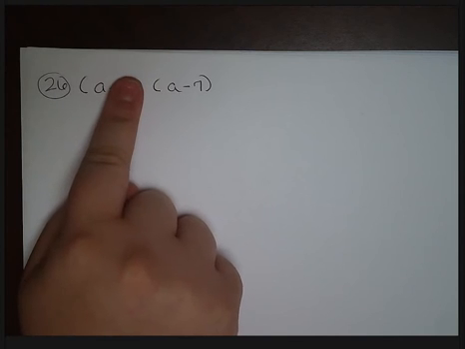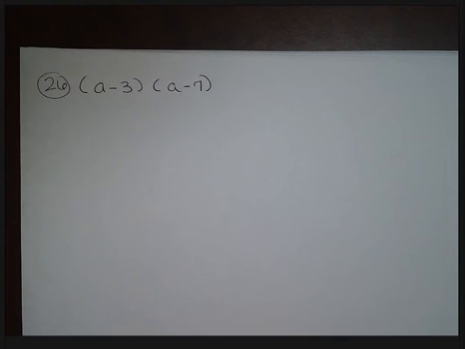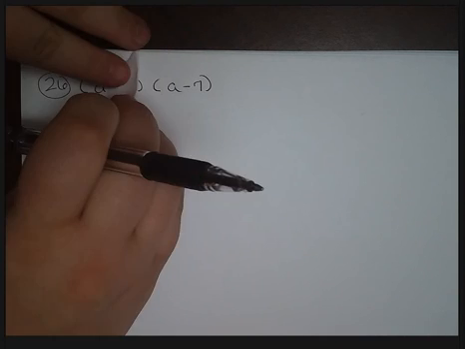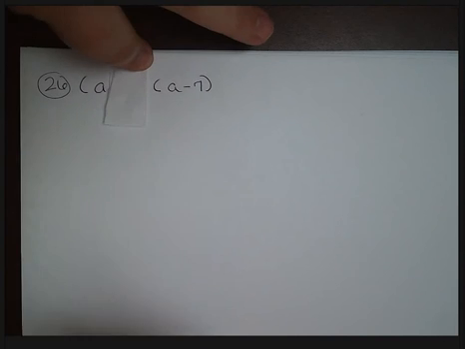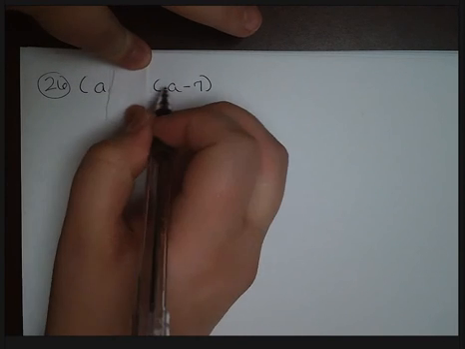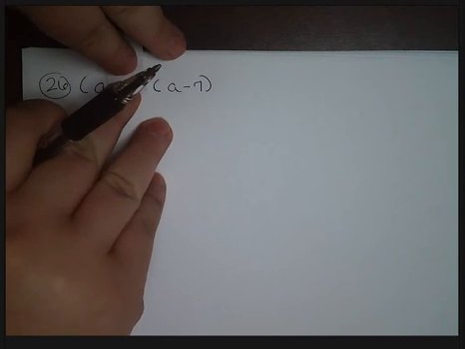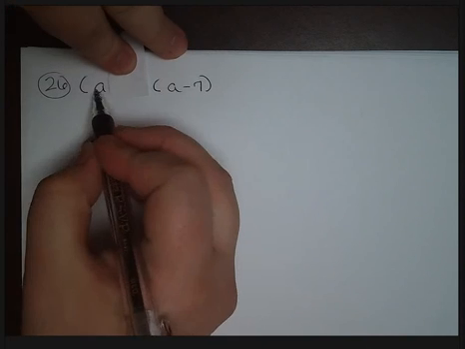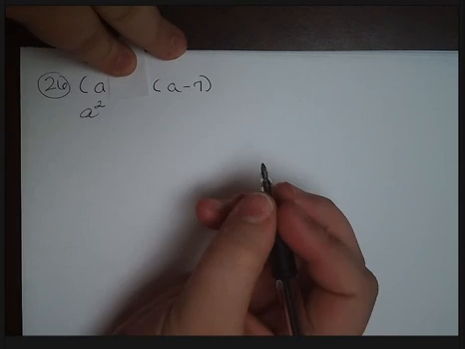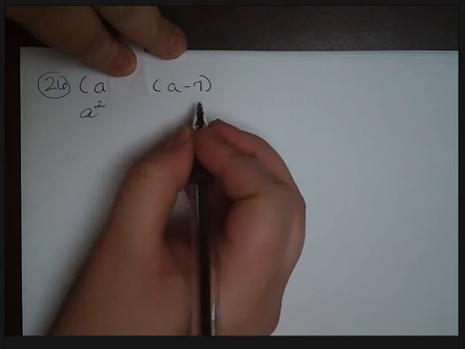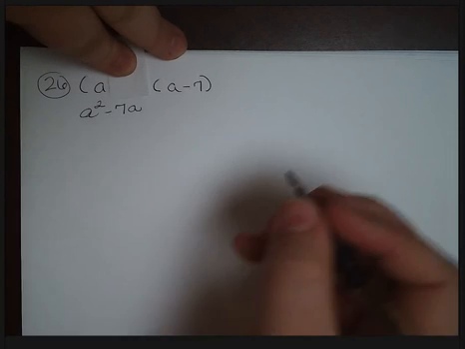So I'm going to multiply this A times that A and that negative 7, just like we were in that previous problem there. Okay, so that's going to give me A times A is A squared. A times negative 7 is negative 7A.